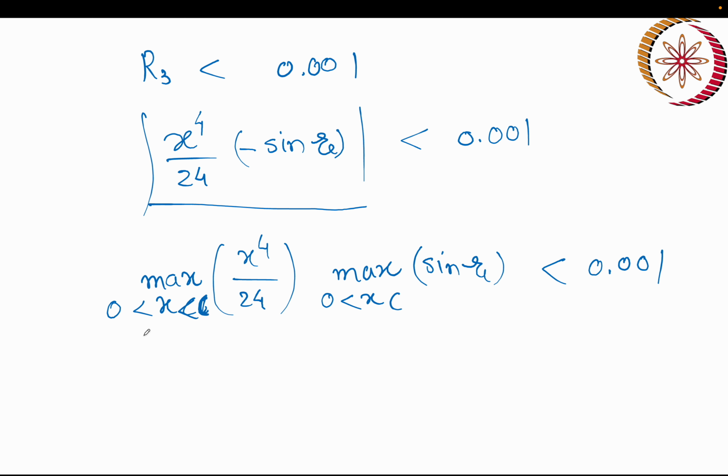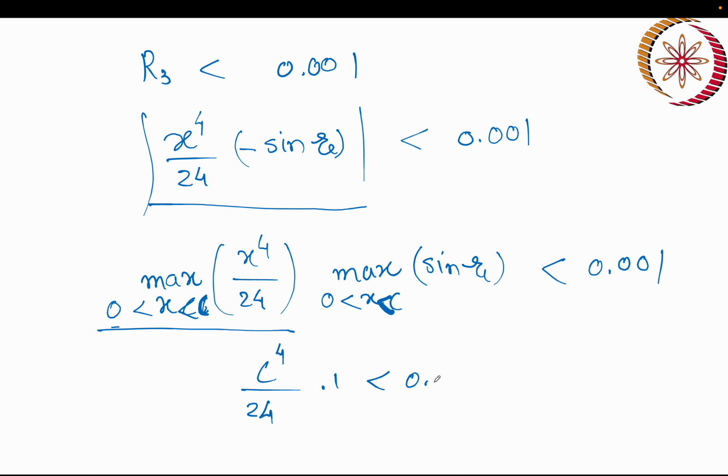So if we see this term, it monotonically increases with c, so the maximum value of this first term within the interval 0 to c will be c raised to 4 by 24, and the maximum value of sin xi, whether within the interval or not, will always be at most 1, so we substitute that value as 1.